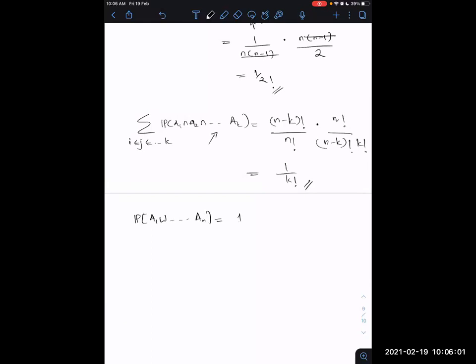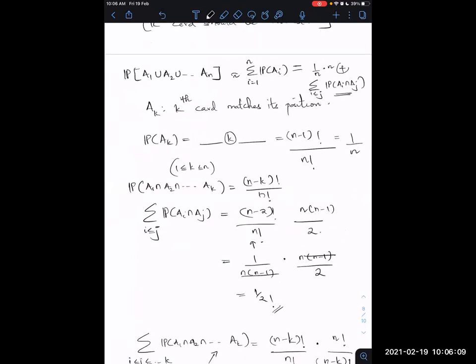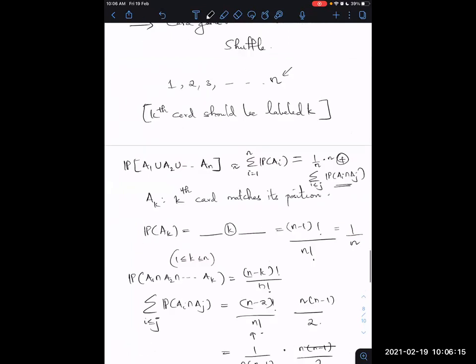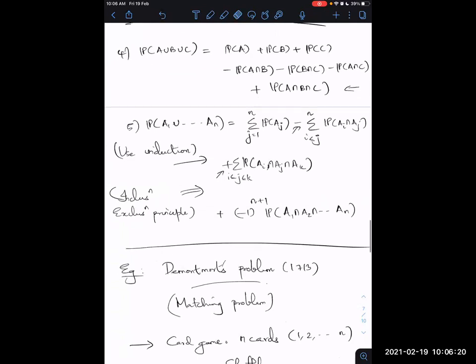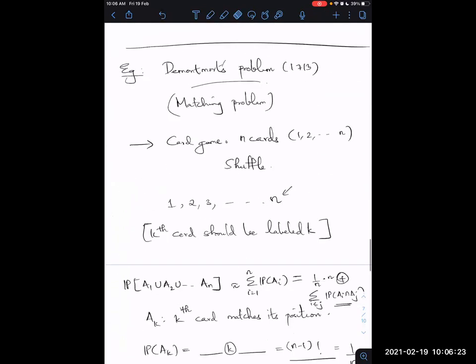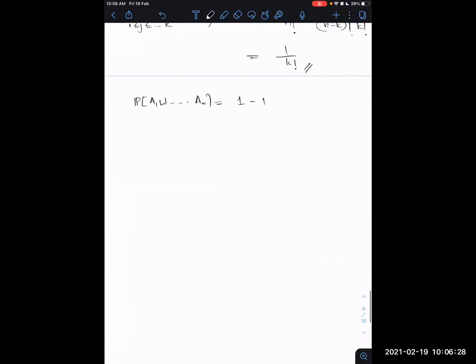And we know that every single term is just 1 over a factorial, with the signs alternating in this summation. It's minus plus minus plus. So we just have to repeat that. So it's 1 minus 1 by 2 factorial plus 1 by 3 factorial, and so on, 1 by k factorial somewhere, and then minus 1 to the power n plus 1, 1 by n factorial.